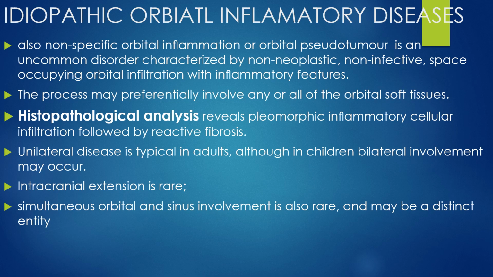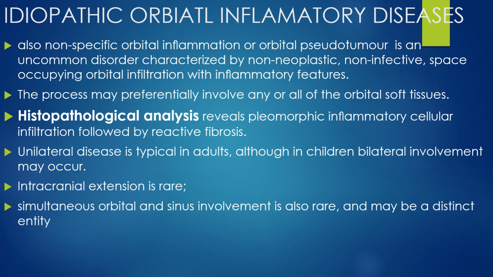Idiopathic orbital inflammatory disease is also called non-specific orbital inflammation or orbital pseudotumor. It is an uncommon disorder characterized by non-neoplastic, non-infective, space-occupying orbital infiltration with inflammatory features. The process may preferentially involve any or all of the orbital soft tissues.